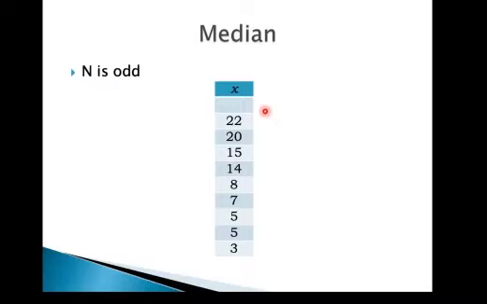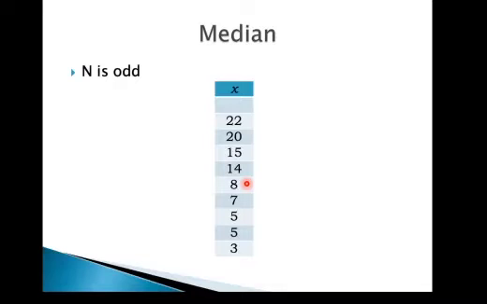From the top, the 5th number is 1, 2, 3, 4, 5, the fifth number is 8. If coming from the bottom, this is 1, 2, 3, 4, 5, so the fifth value is 8. And therefore, the median is 8.